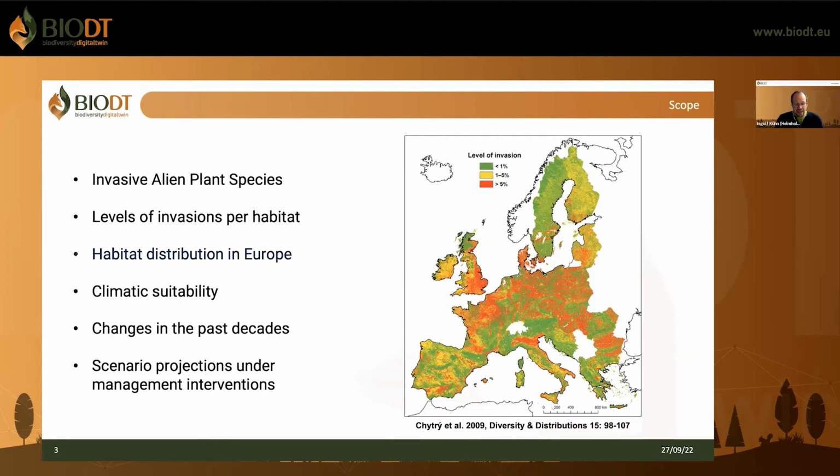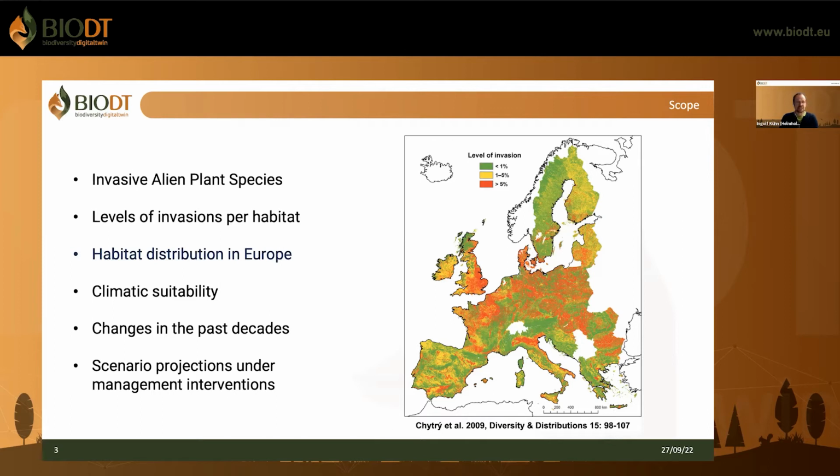For the digital twin, we're going to focus on invasive alien plant species, because currently the data availability for these plant species is much better than for very many other species. We do have some knowledge about birds and mammals or some insects, but they're usually less speciose. We want to model the level of invasions per habitat, which is how many plant species can be found in a specific habitat.